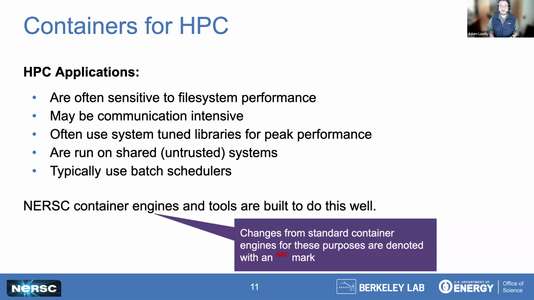Communication is often far more important for our applications than they are for applications that are running elsewhere. And then our Perlmutter vendor has tuned some of our libraries, especially the MPI library, to get good performance. And so we want to be able to inject that at runtime and be able to get as good a performance as we're able to.